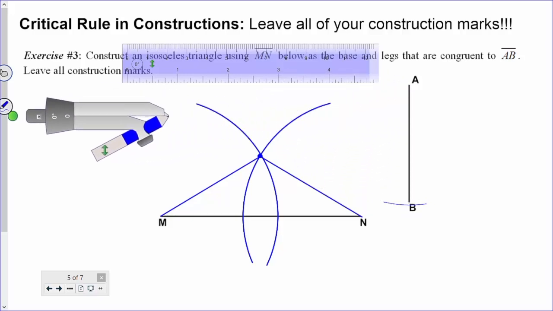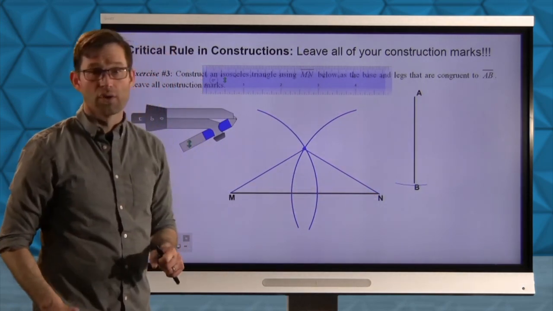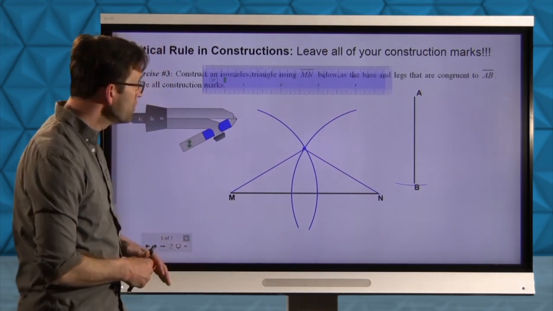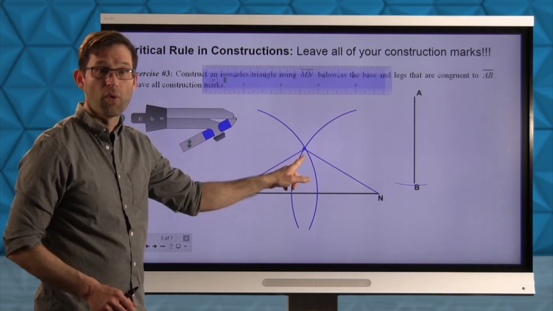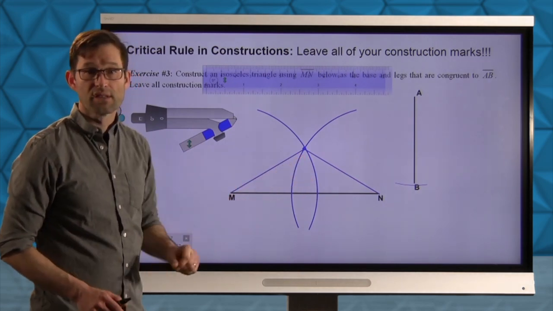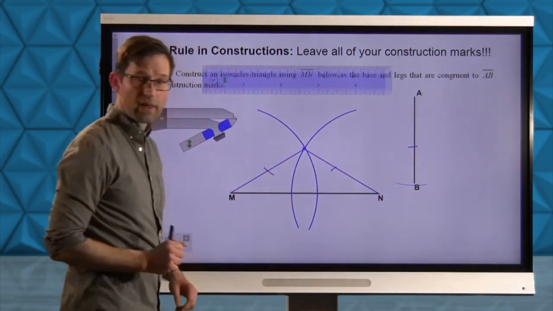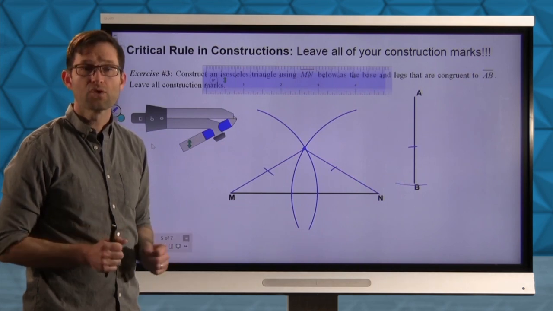And what that does, even though it's a little bit off, is it shows that I've actually measured the length of AB with my compass. And then I used that setting to make these two arcs, which allowed me to locate this point, and now I've got this isosceles triangle where these two sides are the same length as that. All right? Pretty easy construction.